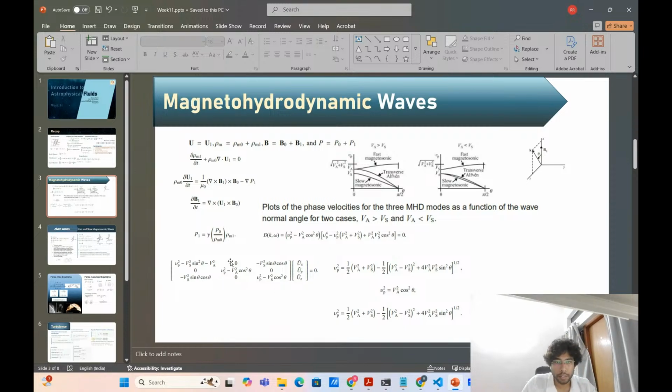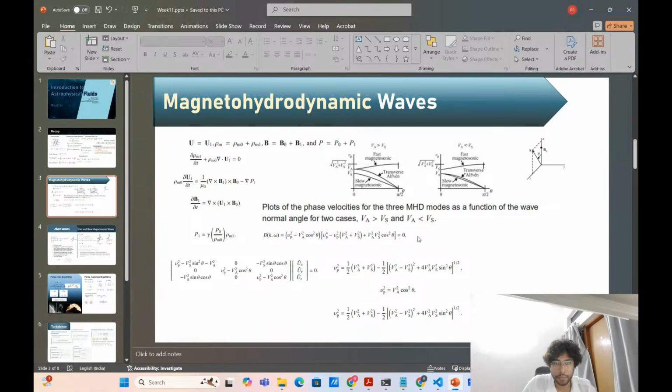Okay, now, this is an equation of the form Ax equals 0, right? So this equation only has a solution when the determinant of this A equals 0. So we just take the determinant, and the determinant turns out to be this, equals 0.